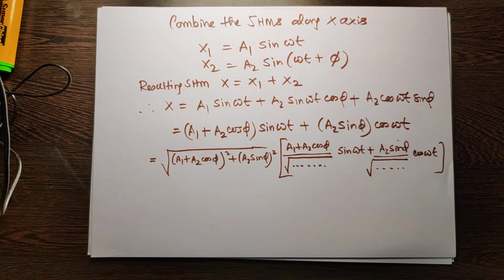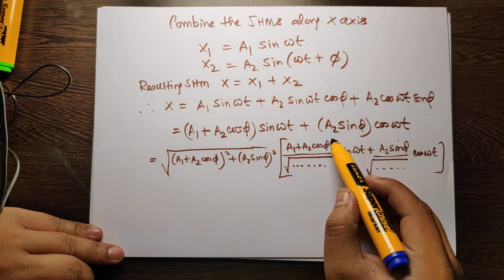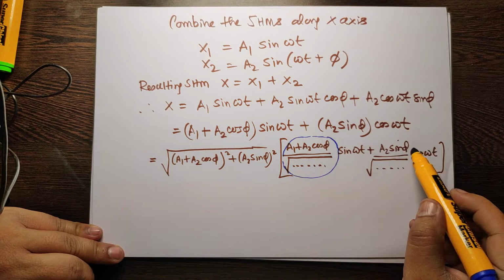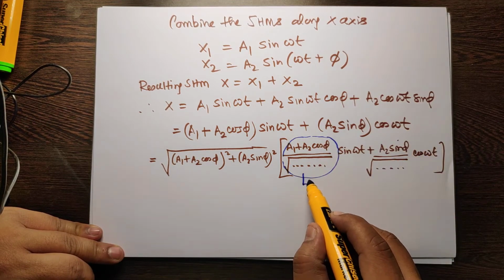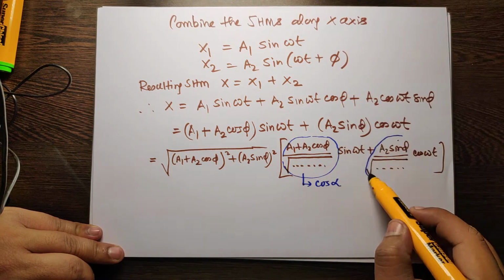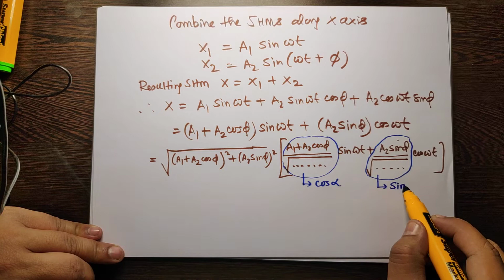Okay. So as you know, this whole term can be written as cos alpha, and this term can be written as sin alpha. Why?